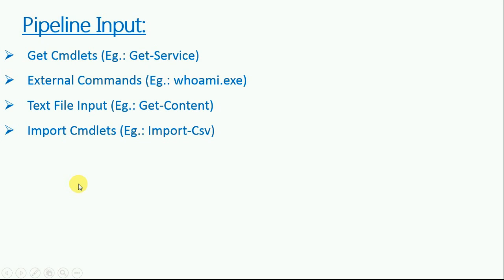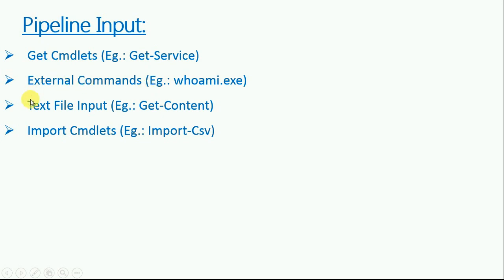So these are the two ways in which any cmdlet accepts pipeline input. Here we will see which cmdlets can be used as pipeline input. It can be Get cmdlets; whatever output we get using these cmdlets will be used as input for the receiving cmdlet in the pipeline. We can also use external commands which are not native to PowerShell as pipeline input.